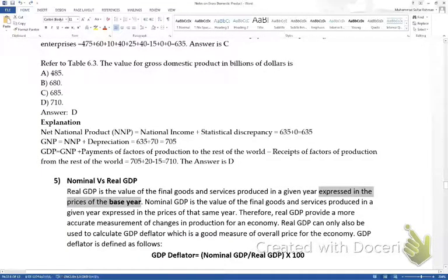base year, which means that rather than taking different years' prices to calculate your GDP, you designate a year whose prices you are going to use as fixed prices, and you're going to use those prices to calculate GDP for all the years that you are comparing.